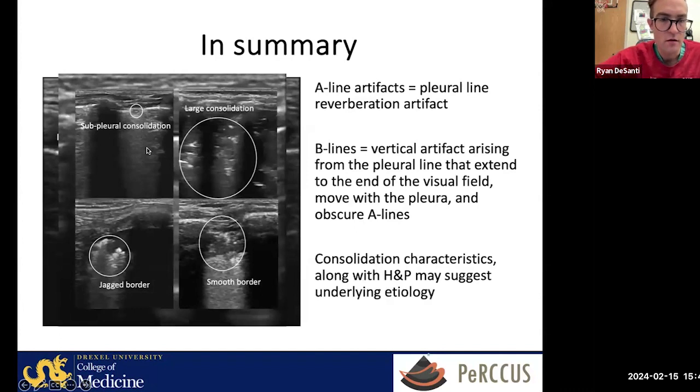And then there are many types of consolidations. Consolidation is just a descriptive term. We need to take into consideration the patient's history and physical examination in determining the cause. But some of the things that we look at are the size of the consolidation, whether it's small or large, occurring in multiple different lung regions, and whether or not the borders are smooth or jagged.